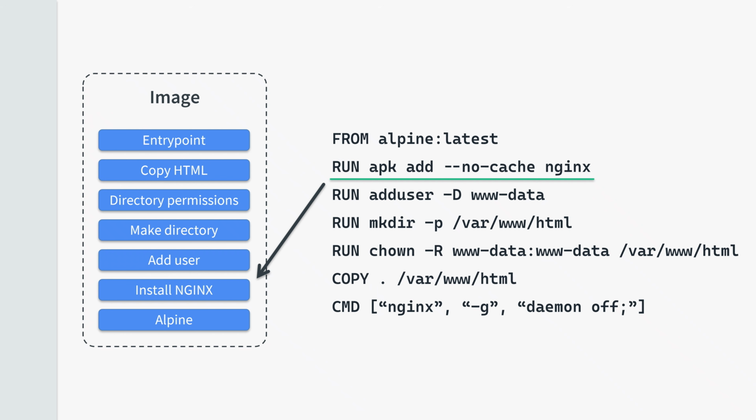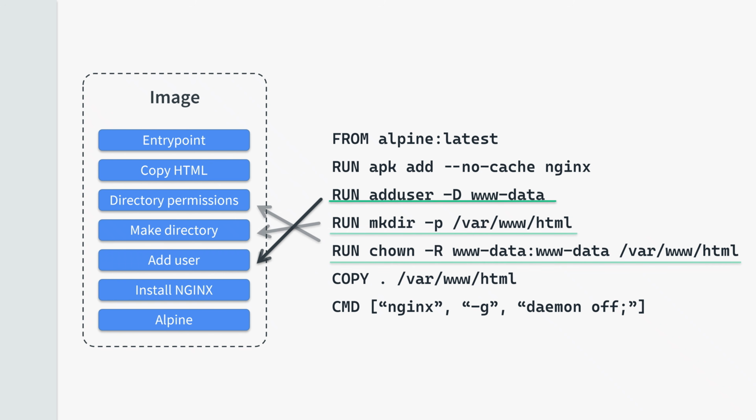Nginx is a versatile package, and we're going to use it as our web server. The next RUN instruction creates a new user called www-data. After that, we create a directory where our web files are going to live. Nginx will look here automatically for our HTML file. And finally, we use the chown command to set the owner of the directory to the new user that we created.